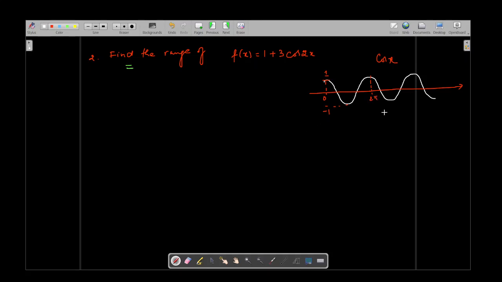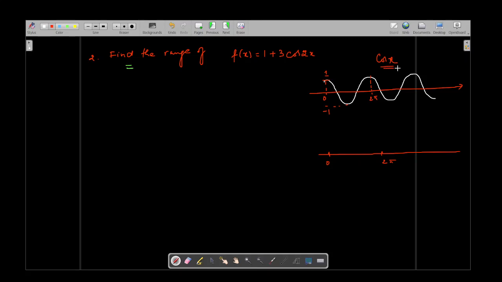The same thing, if I do cos 2x, then we have two cycles in 0 to 2 pi.